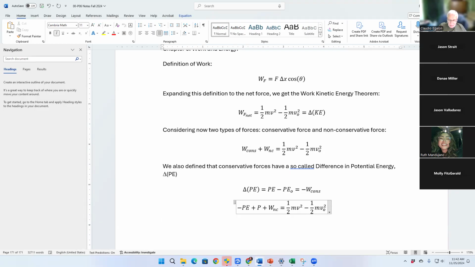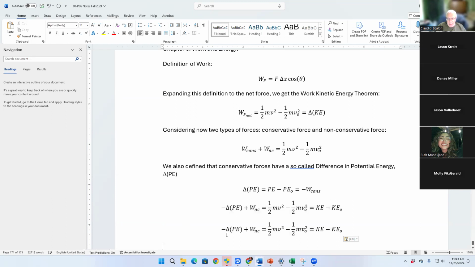Don't forget this, work of the conservative forces is minus delta PE, like that. Okay, and then we have the terms of the non-conservative here. And now I'm going to rewrite those two terms here, just like a final kinetic energy, just to simplify the notation. Kinetic energy, initial kinetic energy. Like that.